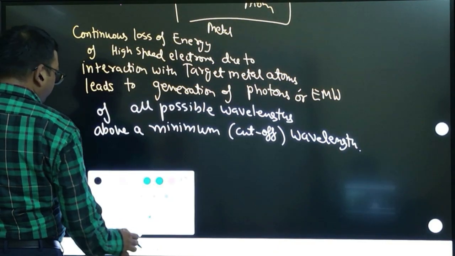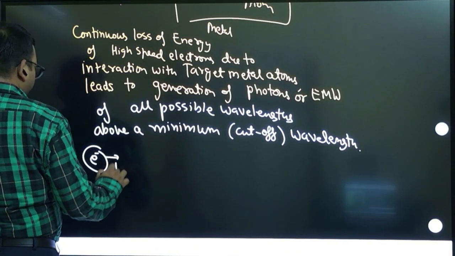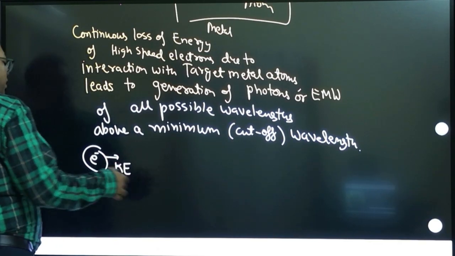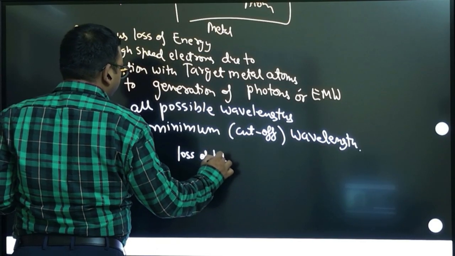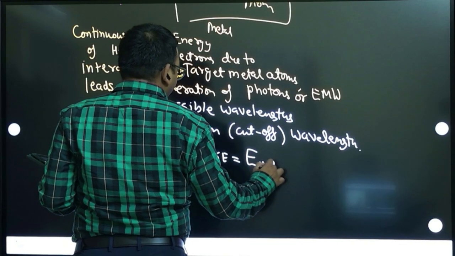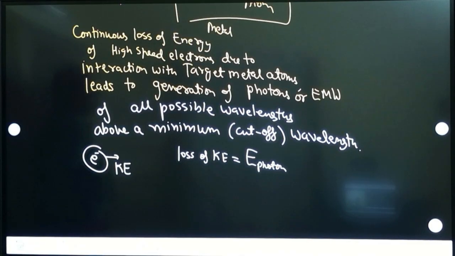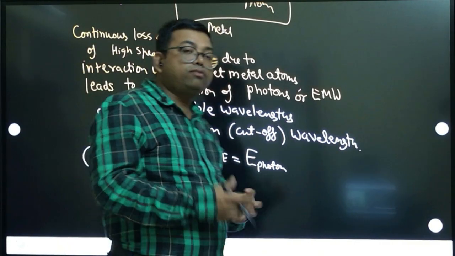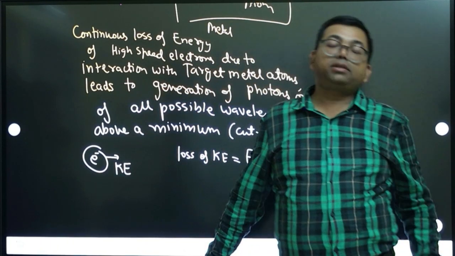So why minimum? Because suppose the electrons have some kinetic energy. The loss of kinetic energy is converted as energy of photon. Suppose it has 100 joule.